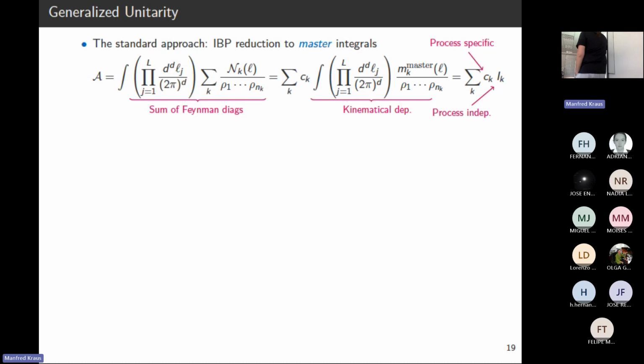So you want to end up with master integrals and some coefficients. These coefficients only depend on kinematics. And then you have to integrate, so you get only coefficients and process-independent master integrals. So this is what you would typically do, but the main problem is here in part one.